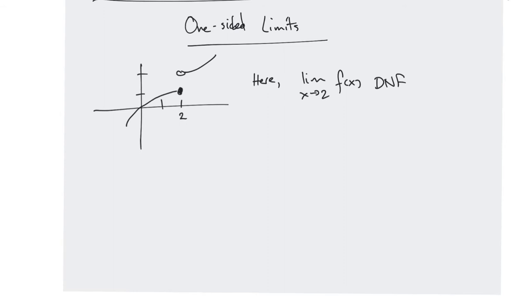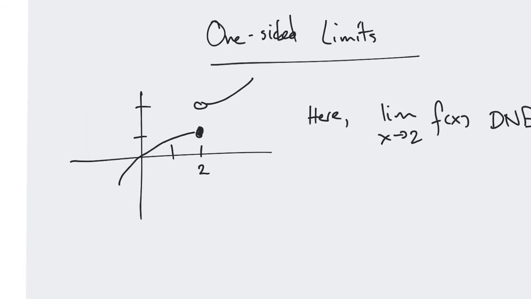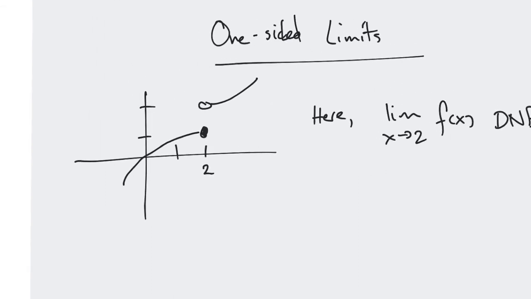That's because when I say what's the limit as x approaches 2, it means what do the y values get close to when the x is close to 2. And on this picture, I would say the y values don't actually have a specific thing that they get close to. Some of the y values get close down here, but there are some y values up here, all right? There is no single y value that is approached uniformly by the graph, because it sort of goes to two different places depending on which side of that 2.